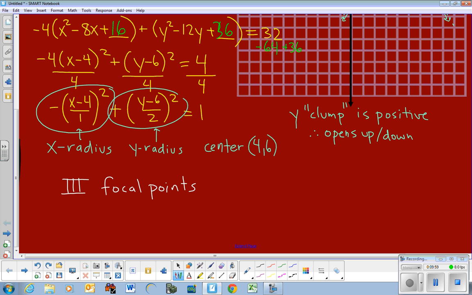With an ellipse, we did basically a squared minus b squared equals c squared. It's kind of like the Pythagorean theorem. We used our two radii. In a hyperbola, it's going to look exactly like the Pythagorean theorem. It's a squared plus b squared equals c squared.